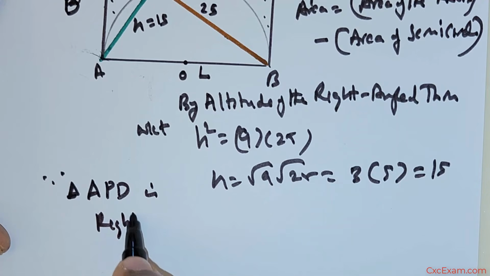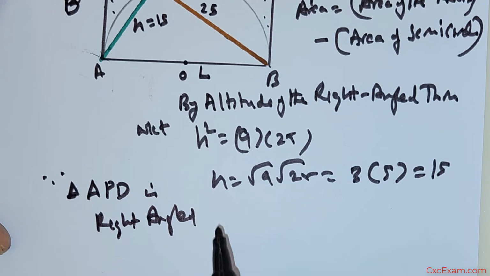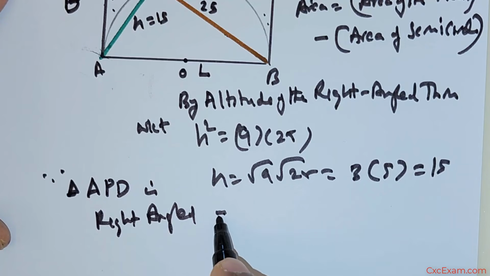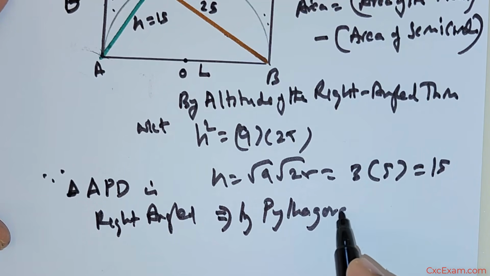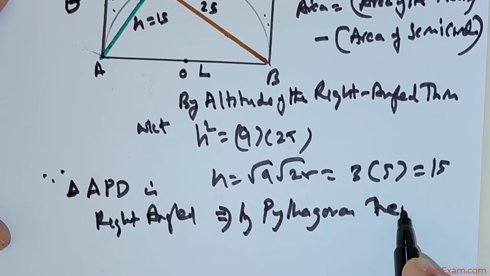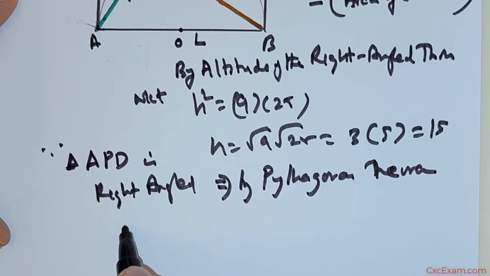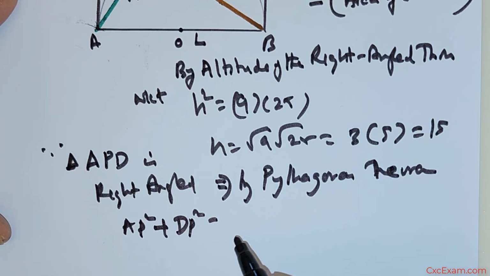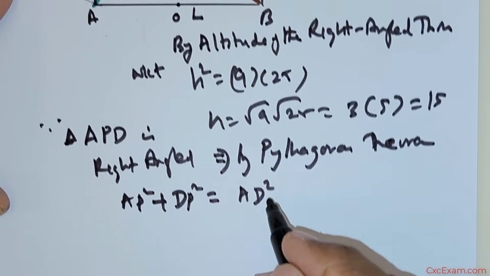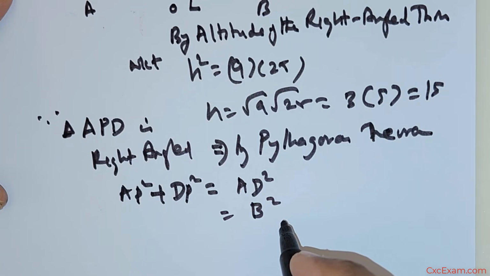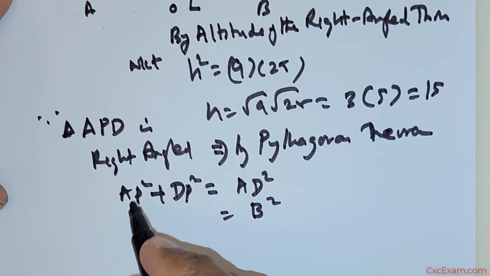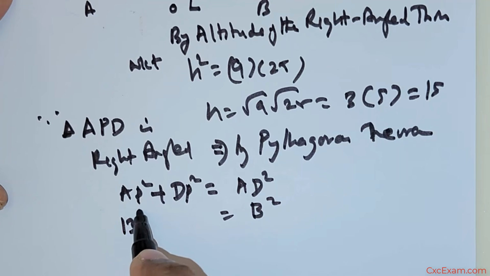So by Pythagoras theorem, AP squared plus DP squared is equal to AD squared. Now AD is capital B, the breadth of the rectangle.